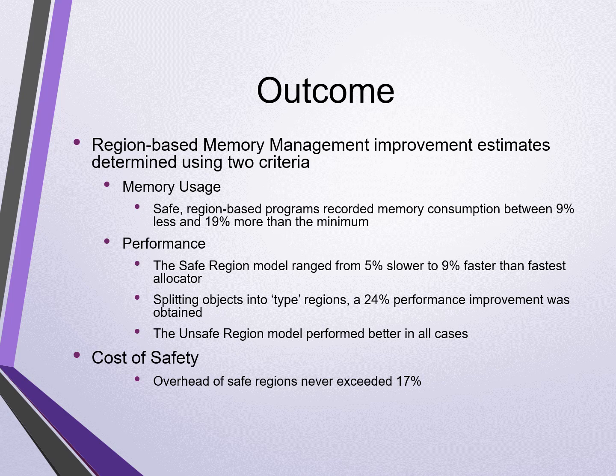Unsafe regions were never slower than other allocators and up to 16% faster than the next fastest. On the MOSS program benchmark, by using 2 regions, one for small objects and the other for large objects, they got a 24% performance improvement. And finally, the overhead of safe regions never exceeded 17%, generally being much lower.